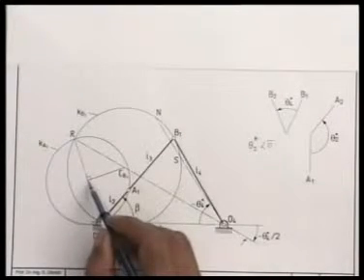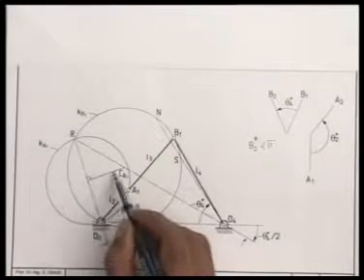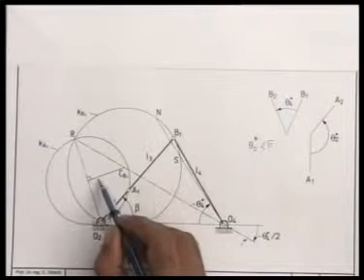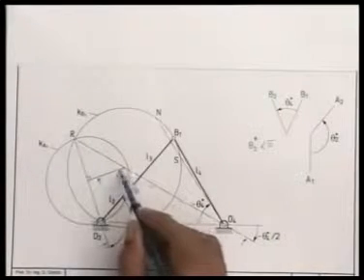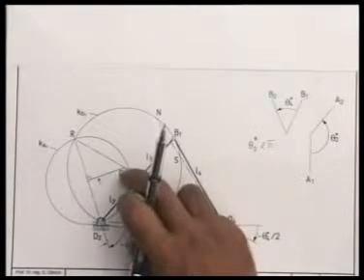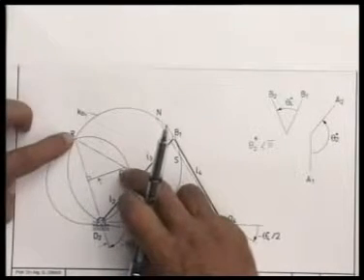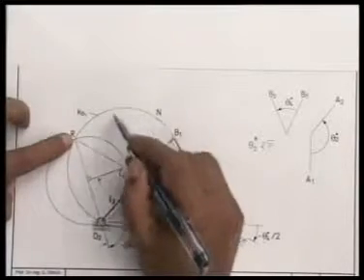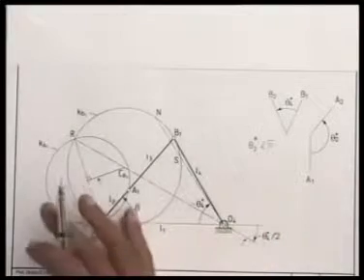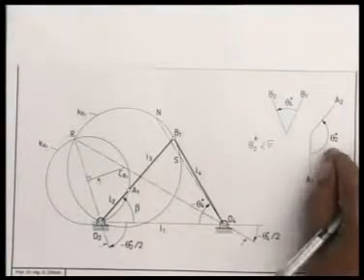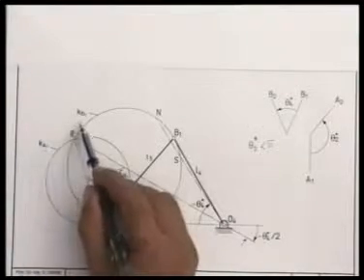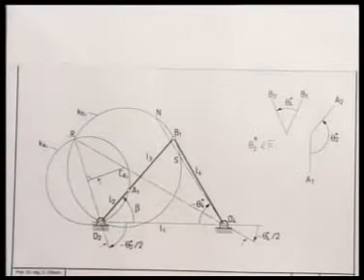Then I draw the perpendicular bisector of O2R, which meets O4R at CB1. With CB1 as the center and CB1R as the radius, I draw this circle which I call KB1. Again, up to this point there is no change whether theta 2 star is more than pi or less than pi. The construction of KA1 and KB1 remains as before.